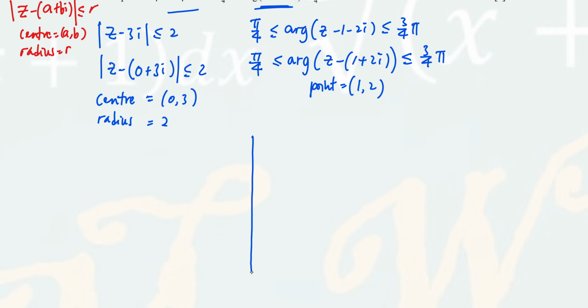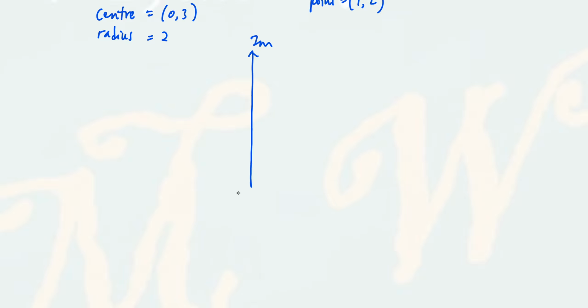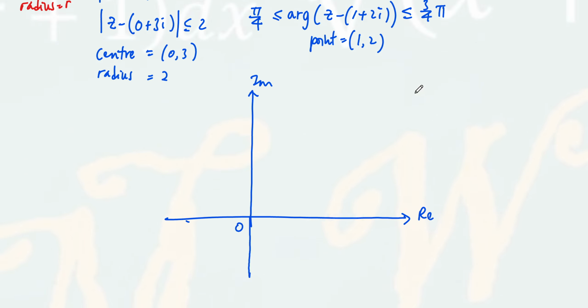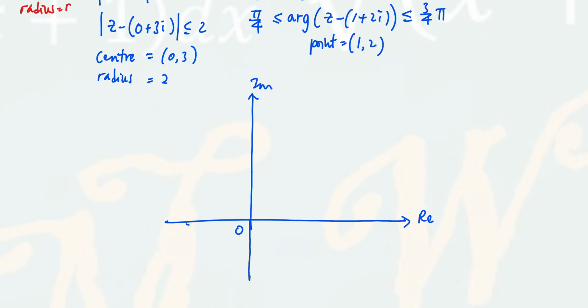This is the imaginary axis, and the points are the center (0, 3) and (1, 2). This is my real axis, and here is 0. Since the center is at (0, 3) and the radius is 2, I need to draw up to 5. The center is here, (0, 3).